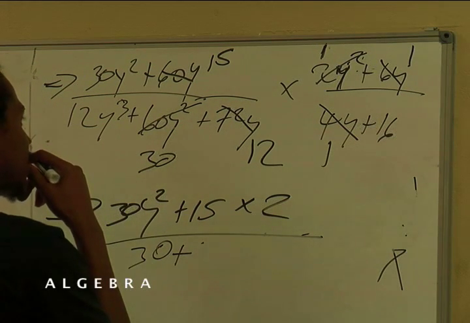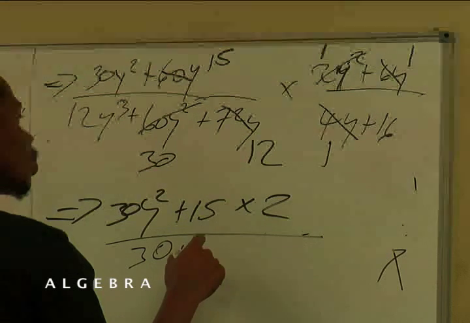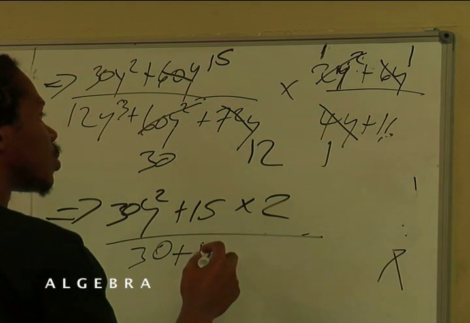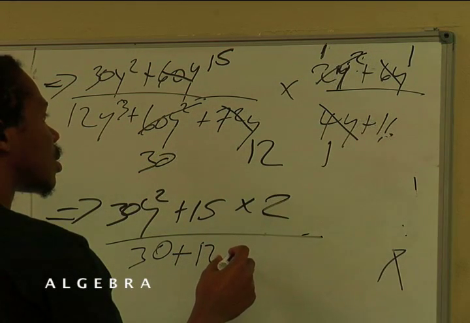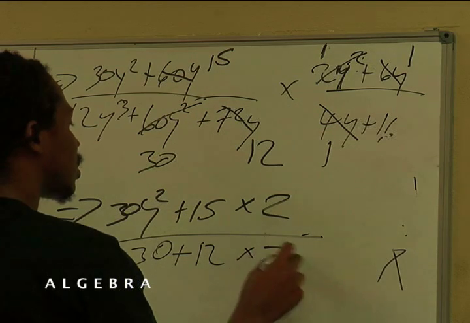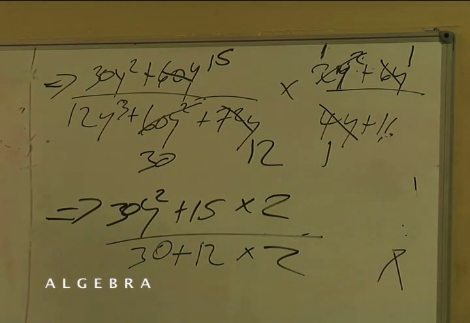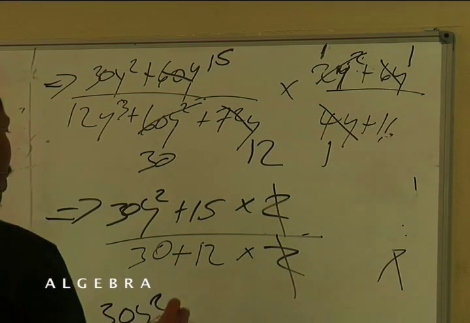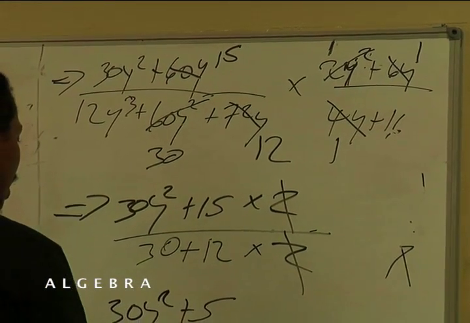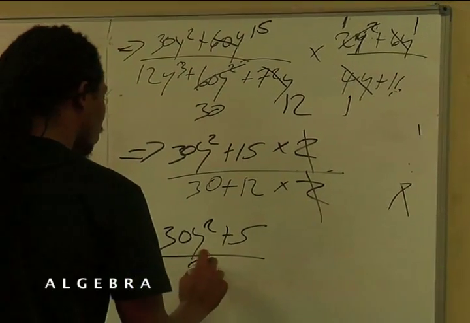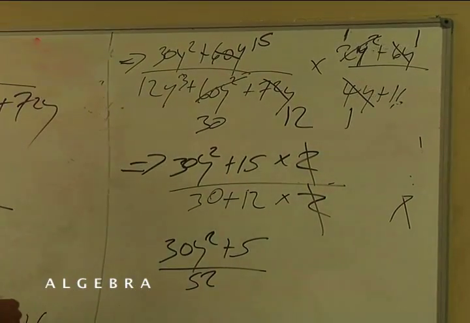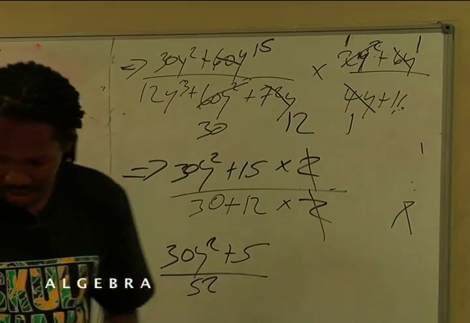I might have something wrong, I say. 30y squared plus 15 over 52. I've got to see if it's right.